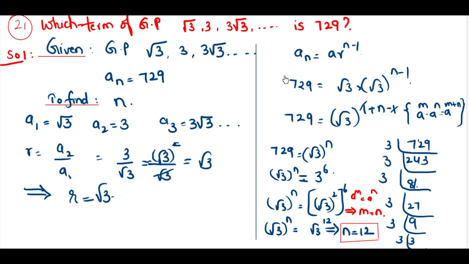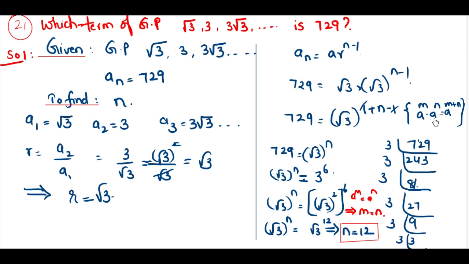Then we have AN is equal to AR to the power of n minus 1 as the formula. What is the nth term we have considered here? It is 729. And what is the first term? Root 3, and the R value we also got as root 3, to the power of n minus 1. We don't know the value of n, so it is n minus 1. So 729 is equal to root 3 into root 3 to the power of n minus 1.